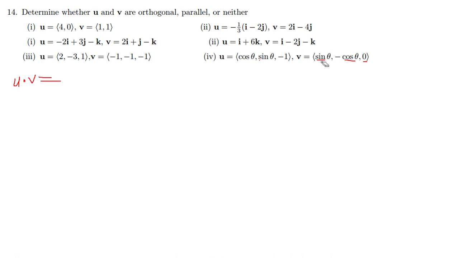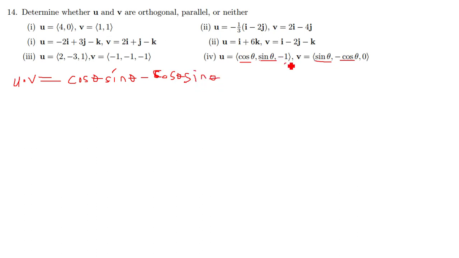We say cos theta times sin theta, we have cos theta sin theta. Then we multiply sin theta times negative cos theta, so we have negative cos theta sin theta.